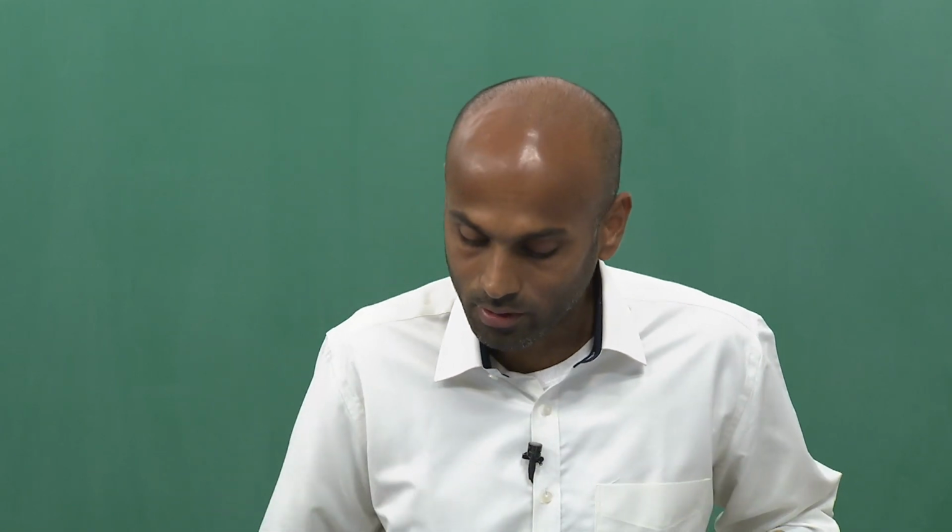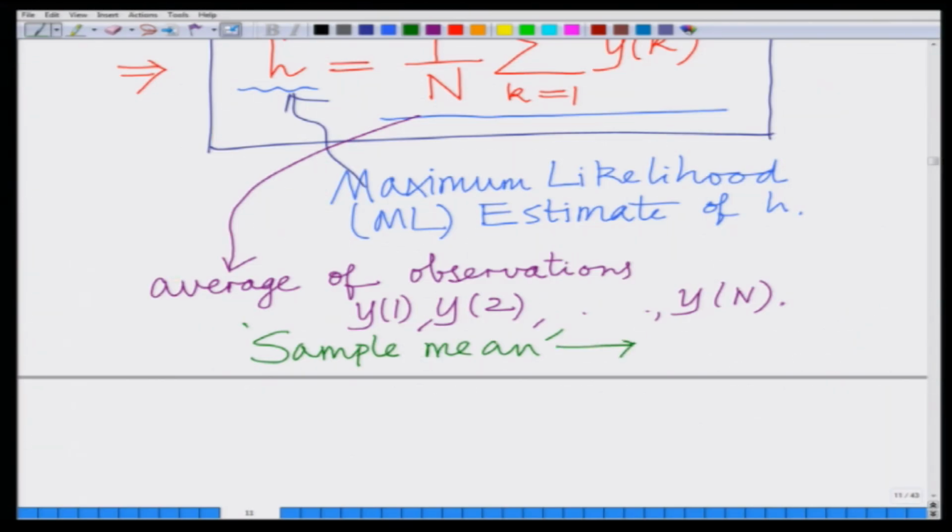So it turns out that in this case the sample mean is your ML estimate, which is something very important that we have learnt in this module. So, what have we done in this module? We have extended our single observation model to a multiple observation or an observation vector model.